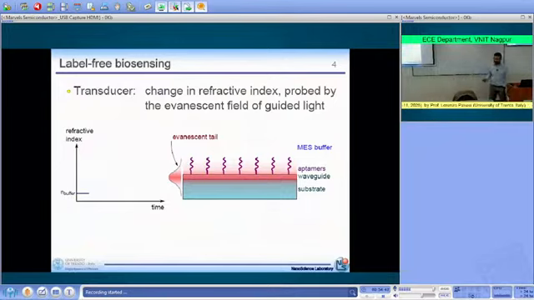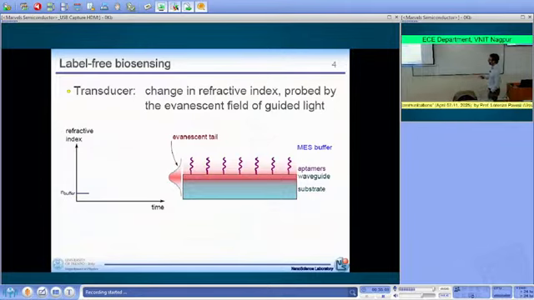And what happens is that part of this field, the evanescent tail of the optical mode confined inside the waveguide, is indeed traveling in the cladding of the waveguide. Now, if we have a waveguide that is air-cladded, it means that the evanescent tail of the field is traveling in the air.